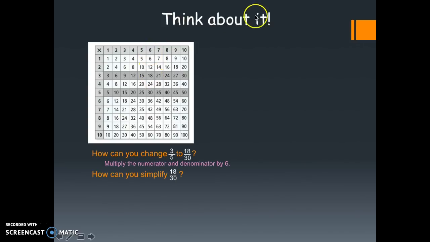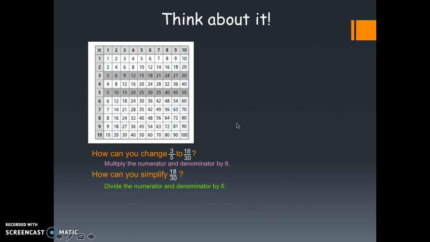Now, how can we simplify 18/30? That means how can we get from 18/30 back down to the simplest form, which is what we worked on yesterday? So we would need to divide 18 and 30 by the same number, which would be 6.